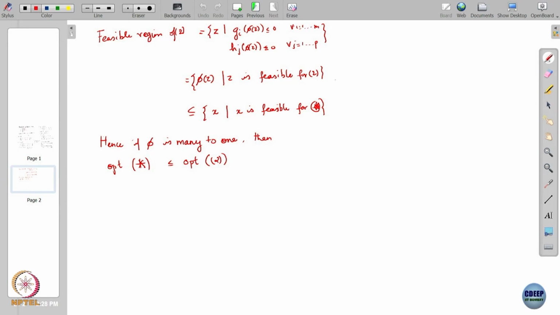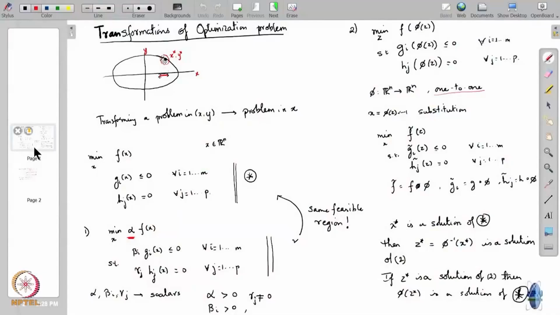So, you are searching over a larger region in star than you are in 2. You are minimizing, right. So, you will get in general a lower value. Okay. If you are maximizing, then the inequality will go in the opposite direction. You would get a higher value for star than you will get for 2.